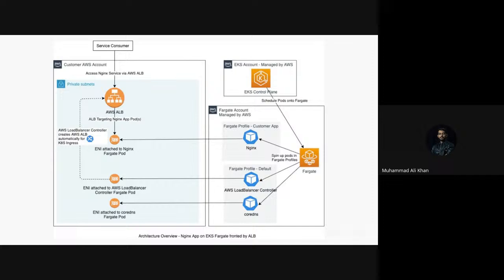If you are using a Fargate profile of customer app, it will configure the pods in those namespaces. And if you are using a default Fargate profile, it will configure those in separate namespaces.